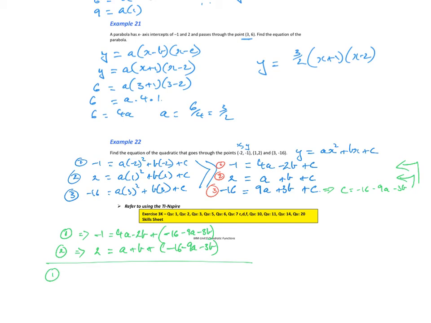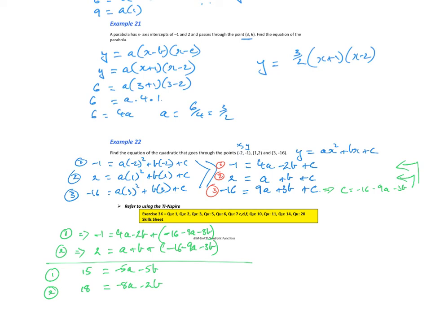So equation 1, 16 across makes it 15 is equal to 4a minus 9a is -5a, -2b minus 3b is -5b. Equation 2 becomes -16 across. a minus 9a is -8a, b minus 3b is -2b. So we can solve these simultaneously.